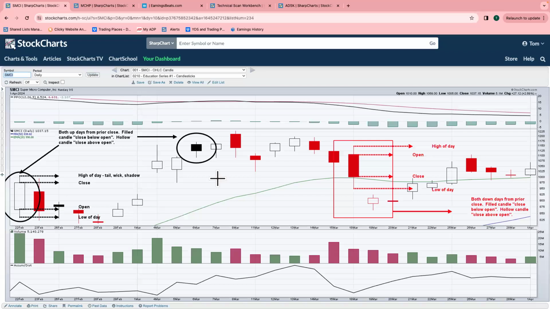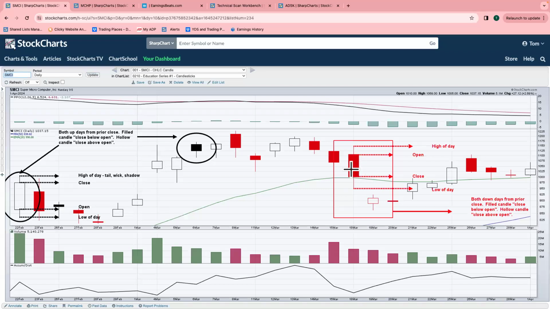When you see black filled or black bordered candles, that means you have closed above the prior day's close. So generally speaking, black candles are going to be bullish in the sense that you're at least still going higher from the prior day. And when you see any red candles, you can rest assured that the move is still continuing to the downside.